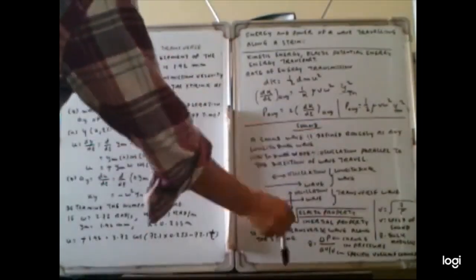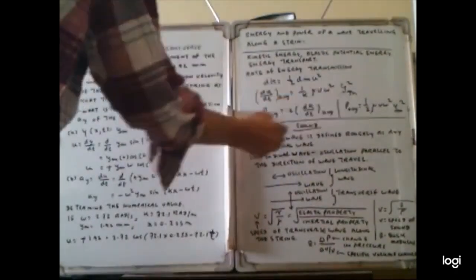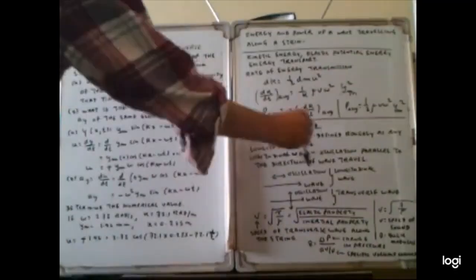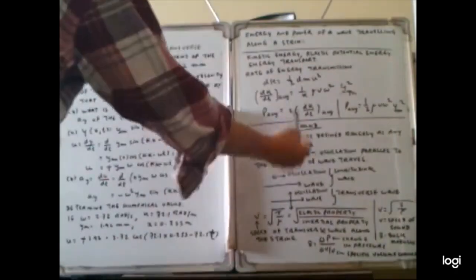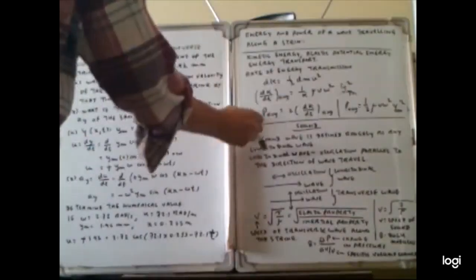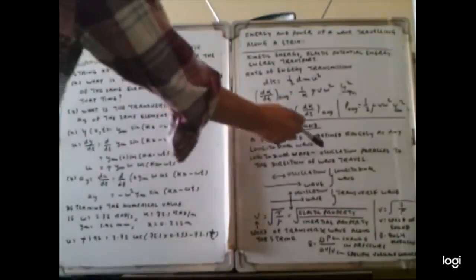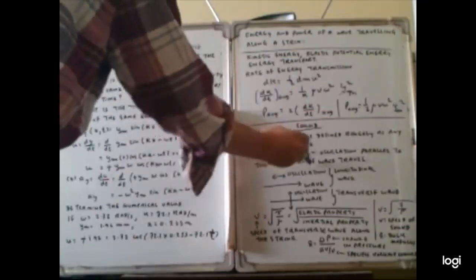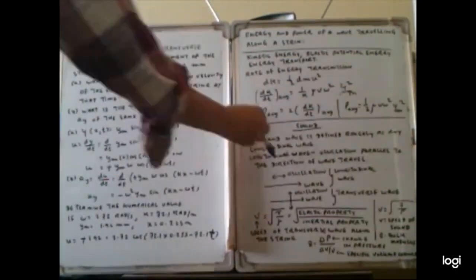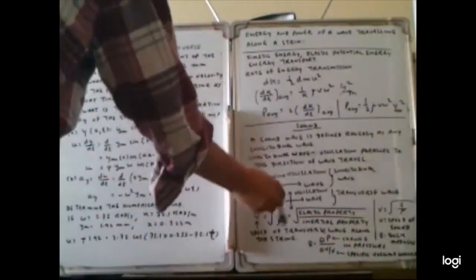Wave traveling this way, with particles moving up and down, this is a transverse wave. Longitudinal wave is the oscillation parallel to the direction of the wave travel. So the parallel oscillation is the longitudinal wave, the perpendicular oscillation is the transverse wave.